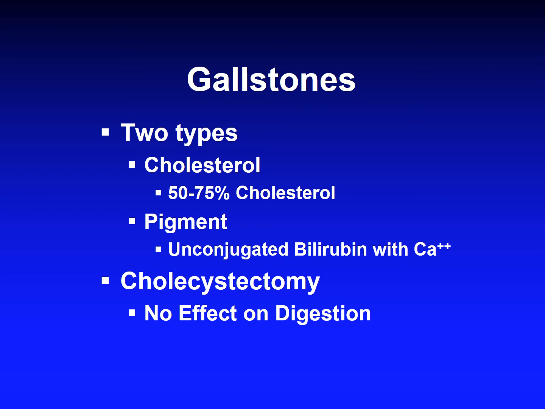Cholecystectomy, removal of the gallbladder, will not affect the digestion of fat, by the way, because you will have sources of lipases coming from the pancreas, as we remember from the acinar cells, and also bile that will be secreted directly from the liver to the intestines based on meal consumption.